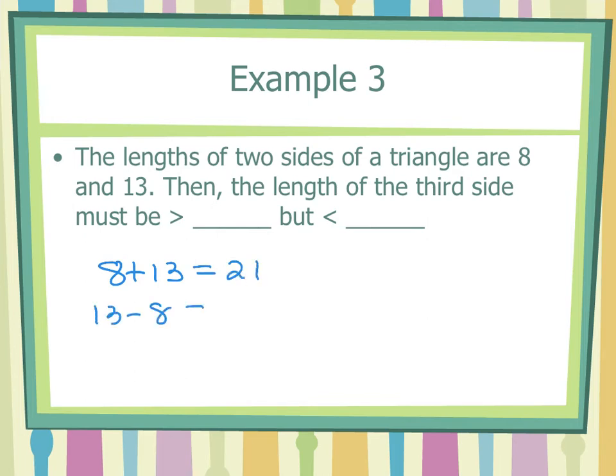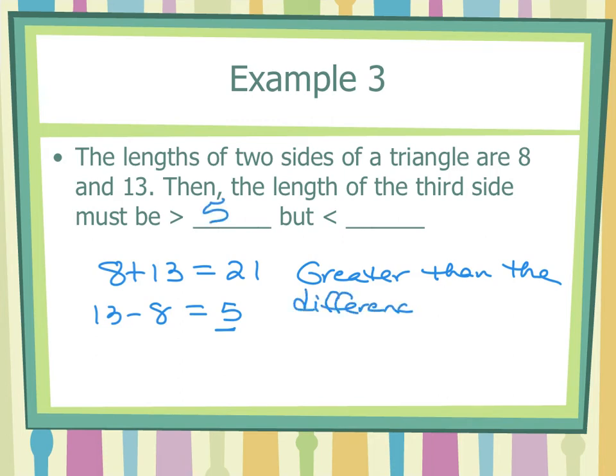The third side must be greater than the difference. So it's got to be greater than 5. And less than the sum.